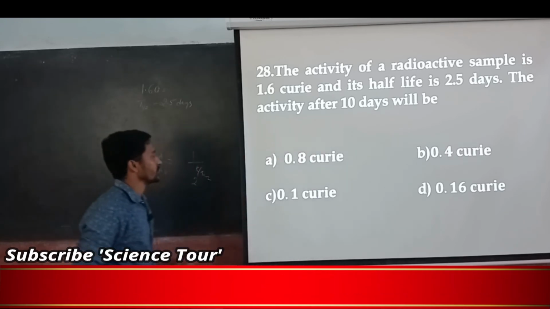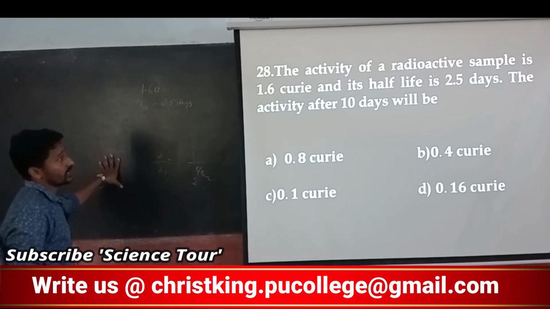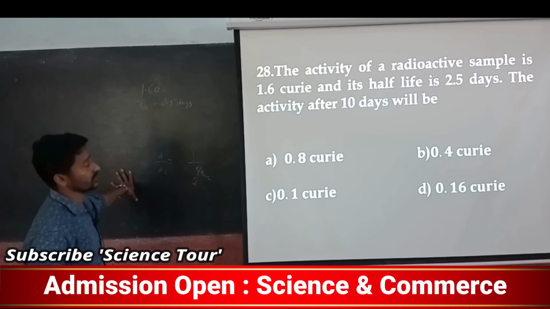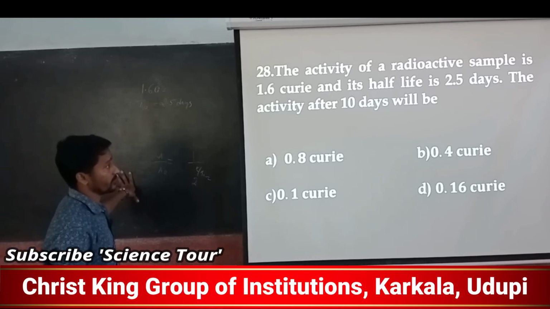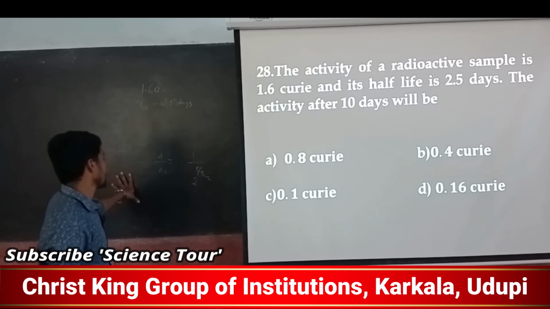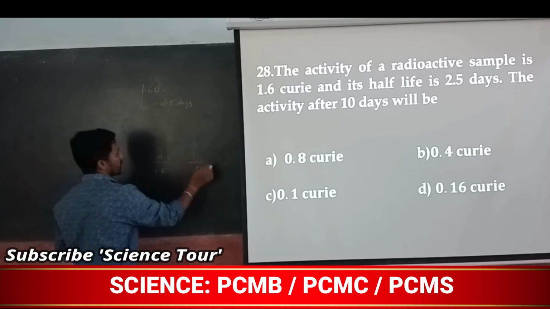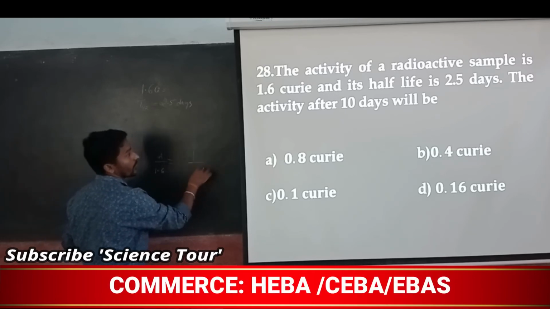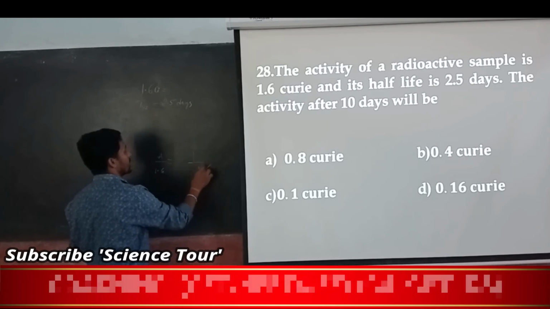So for that you have to find out, by direct substitution. The radioactive sample activity is 1.6 curie, and its half life is 2.5 days. The activity after 10 days: the initial activity is 1.6, and the half life is 2.5 days, after 10 days.